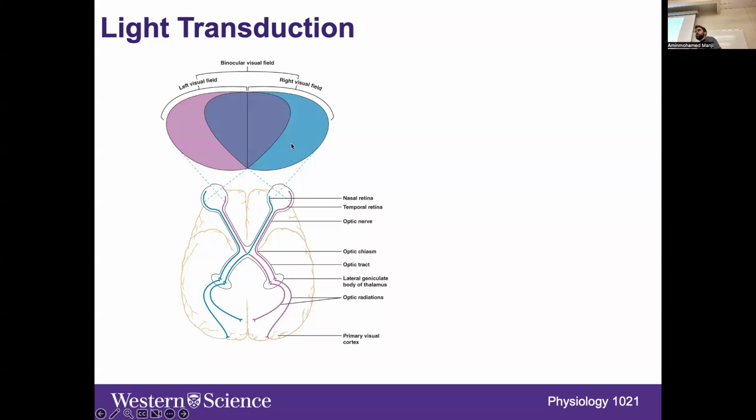Well, if it's contributing to the right visual field, that means it has to get to the left visual cortex. Again, everything is kind of flipped. So something has to happen. You have crossing over taking place at the optic chiasma for that to take place. That's the gist of what I want to explain.